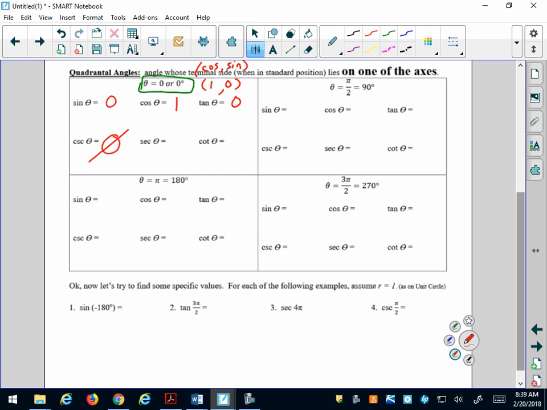Secant is 1 over cosine. 1 over 1 is just 1. You have to be careful of tangent and cotangent, because remember that tangent was 0 over 1. So the cotangent is 1 over 0, which doesn't exist. That makes sense?